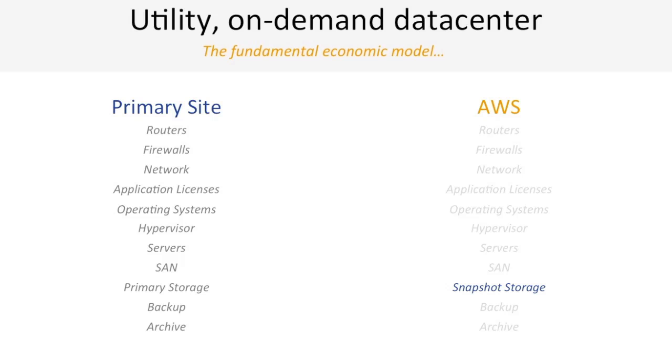So simple snapshot storage, and I'll touch on that through some diagram examples a little bit later on, but ultimately the secondary site costs go down. And that's how customers can achieve up to 50% reduction in cost by considering their second data center a virtual data center in AWS and invoking the wake up of systems as required, whether it be for testing your DR processes and business continuity failover plans, or whether it be for doing it for real because something has gone wrong.